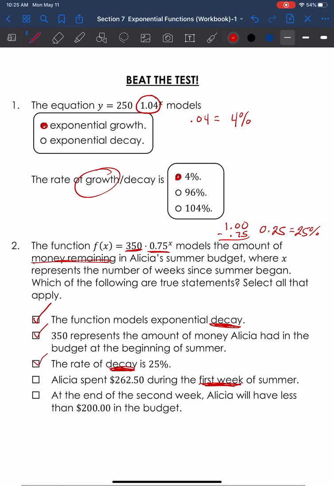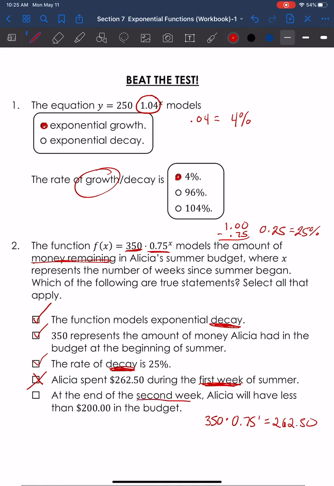So if I did 350 times 0.75 to the first, we know anything raised to the first power is itself. 350 times 0.75 does come out to 262.50, but that doesn't tell us how much we spent. That tells us how much is remaining. So that one would not be true. And then we'll look at the next one.